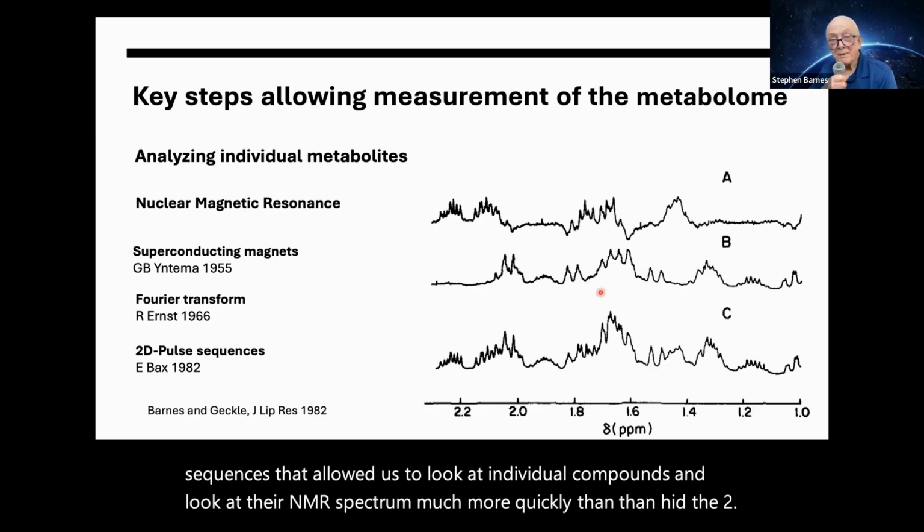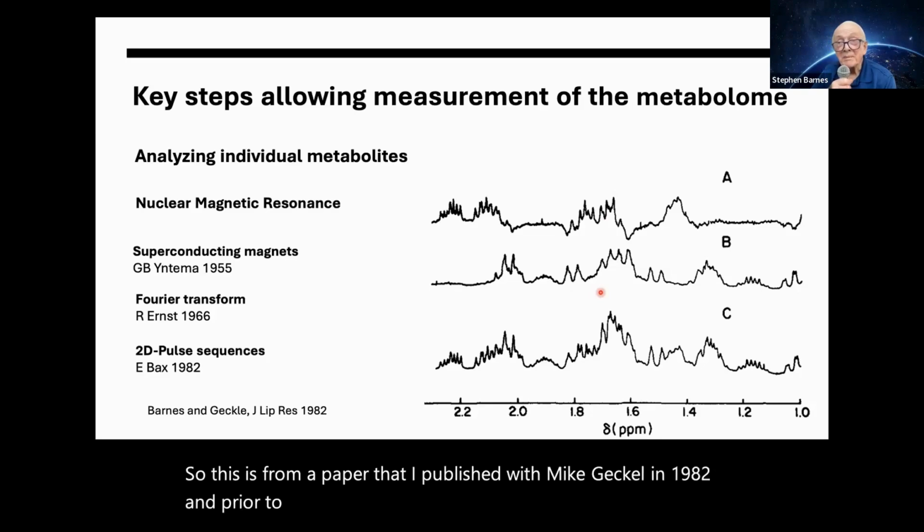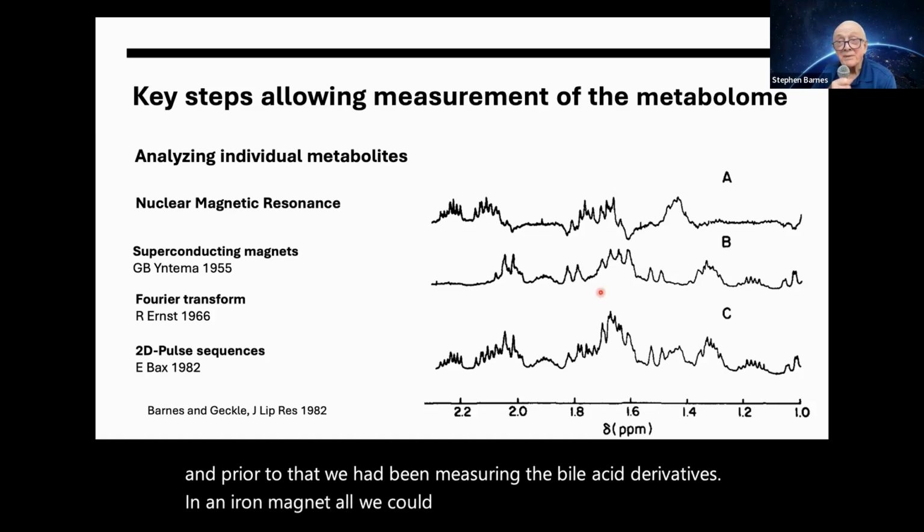So this is from a paper that I published with Mike Geckel in 1982. Prior to that, we had been measuring the bile acid derivatives in an iron magnet. And all we could see was the methyl groups and the protons that were epimeric to the hydroxyl groups.